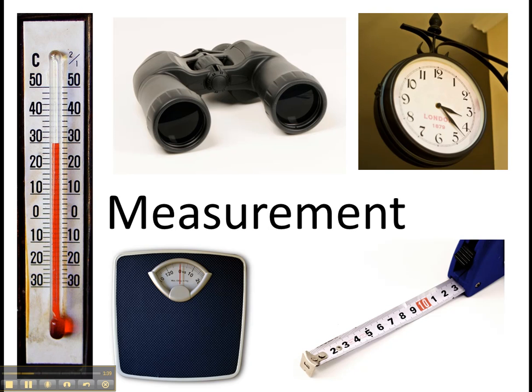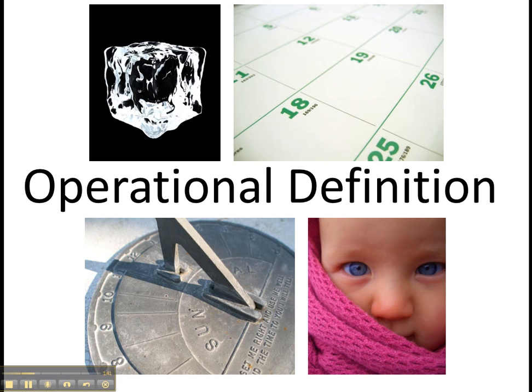And so in psychological research in particular, our operational definitions are key. Operational definition is the way that we make something measurable that might not otherwise have a quantity or a value assigned. So we may decide it's cold because ice will form, or because people are wearing masks or scarves.